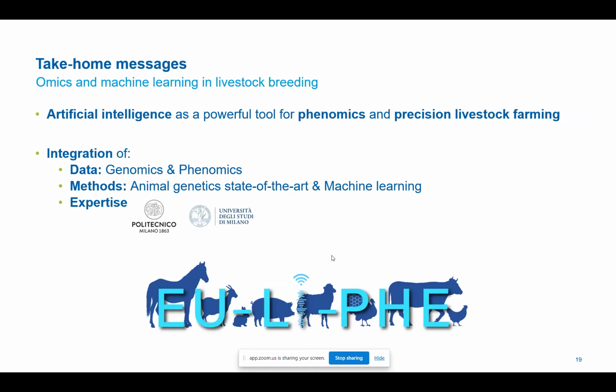But to make it possible, we need integration of several things: of data, genomics, phenomics, omics in general, of methods, animal genetics, animal breeding, machine learning, computer science, and of course of expertise. So I think this COST Action is really a community where we can join expertise to go towards precision livestock and towards the full exploitation of the omics data and technologies available today.